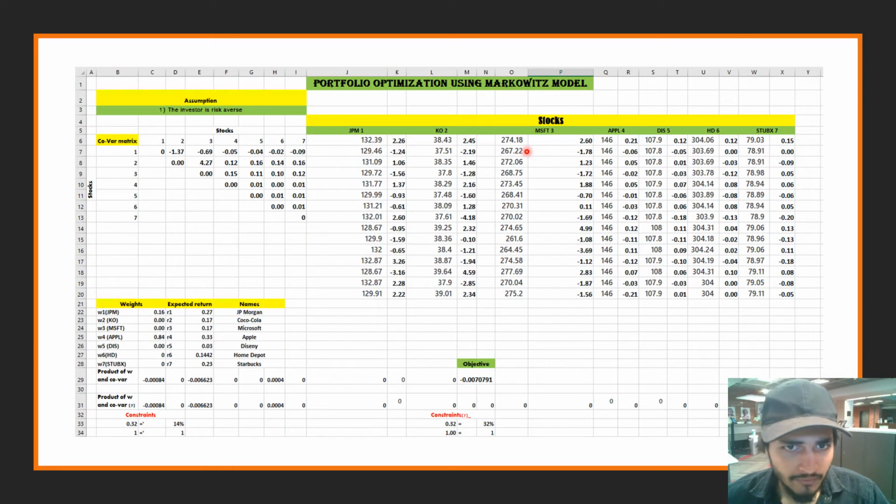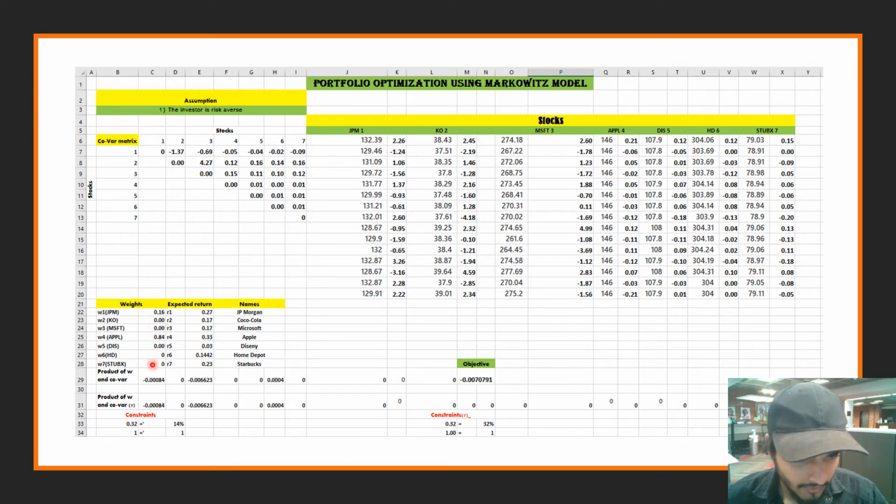Here you can see the spreadsheet containing the Markowitz model. This is the covariance matrix, which is the major part of the model, as it represents the relationship between the stocks. This is the actual data set.